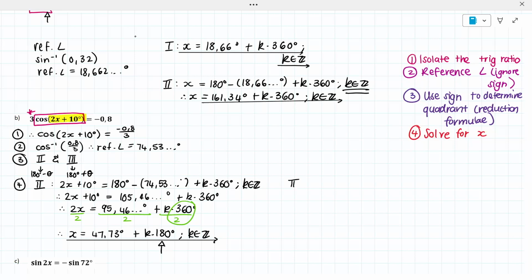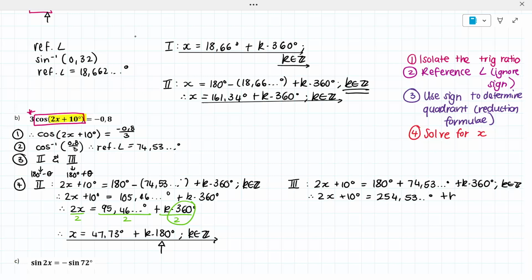Right, if I go over to quadrant 3, remember you take the angle that you're working with, 2x plus 10 is equal to the reduction, so 180 plus my 74,53, blah, blah, blah. And you solve again. Now, obviously, guys, if you can shorten your steps, fine. 180 plus 74, blah, blah, is 254,53, and there's a bunch of decimals.